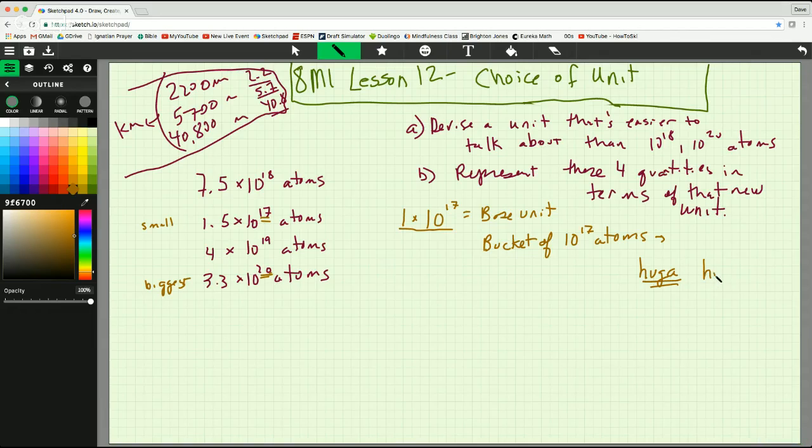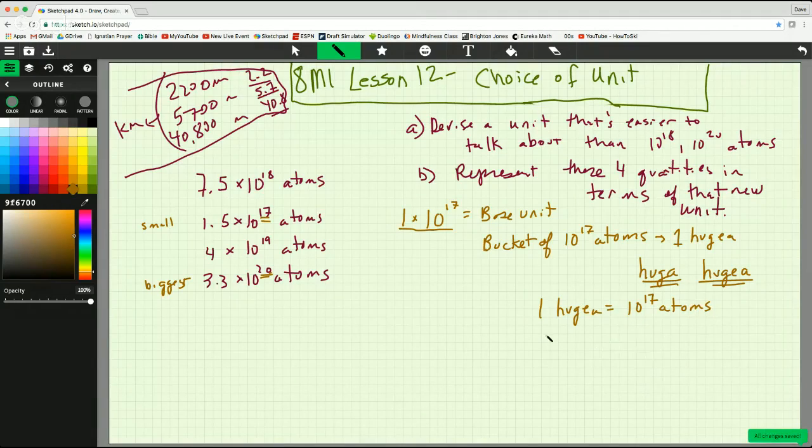Maybe we'll call it a huja. That's just really huge. So a bucket of 10 to the 17th atoms is 1 huja. So 1 huja equals 10 to the 17th atoms.